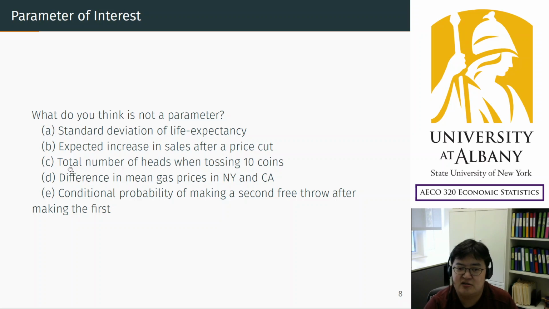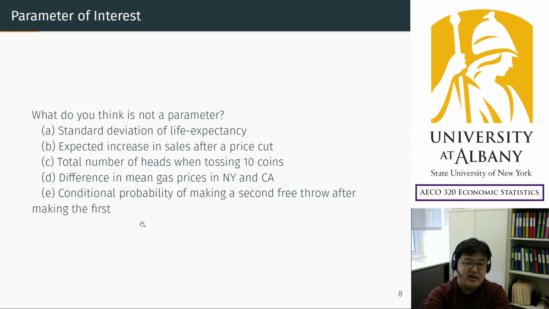C, total number of heads. You'd like to estimate the total number of heads when you toss 10 coins, right? D, you'd like to estimate the difference in mean gas prices in New York and California. And finally, E, you'd like to estimate the conditional probability of making a second free throw after making the first free throw in basketball.